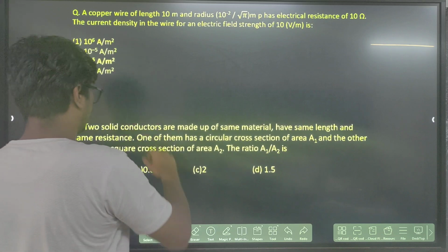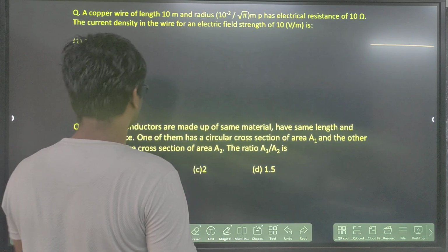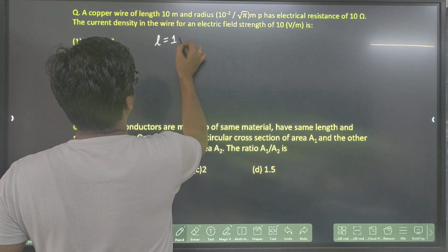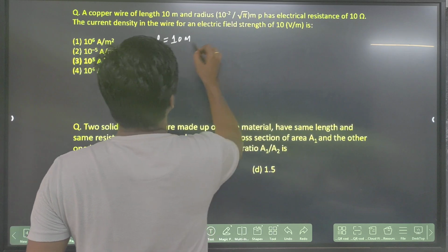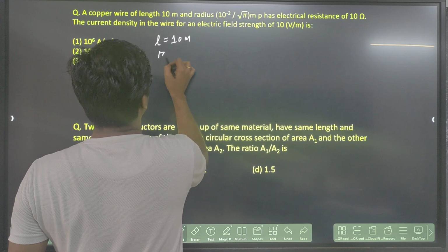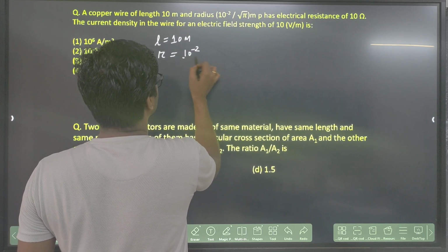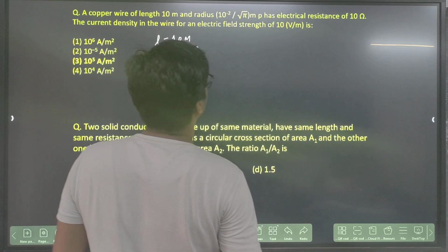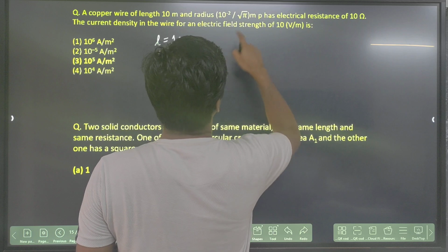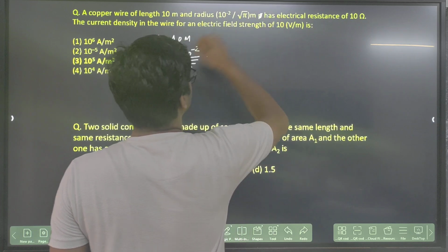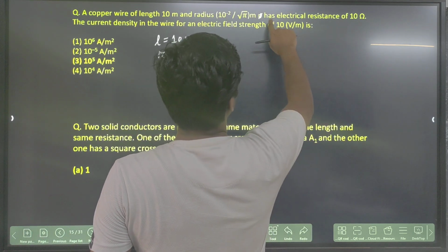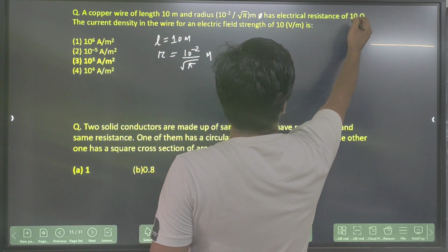Now I am going to do some problems here. A copper wire of length L, length 10 meter they have given, and the radius, small r we will take, that is 10 to the power minus 2 pi root over meter, has an electrical resistance of 10 ohm.